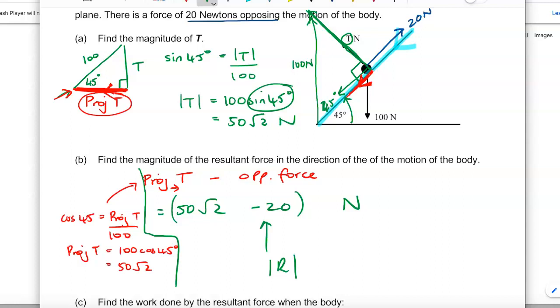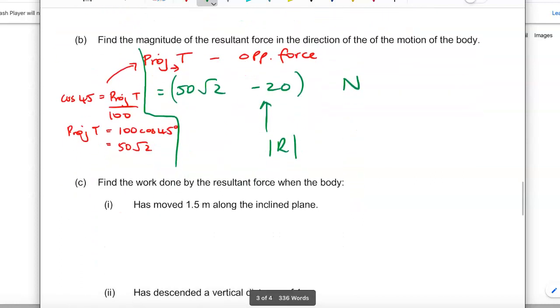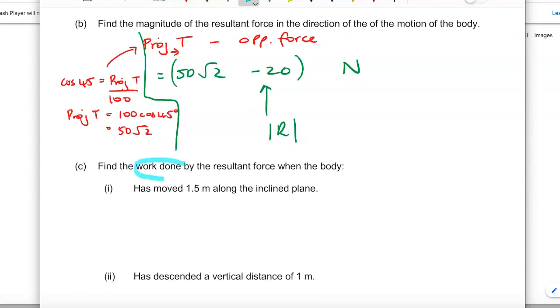So what we want to do now is work out what is the actual work done by the resulting force.